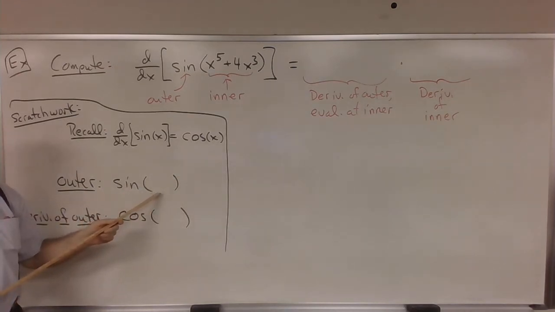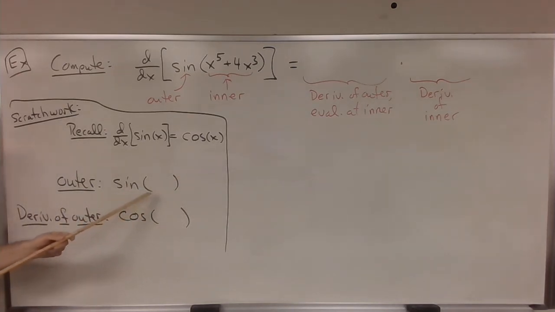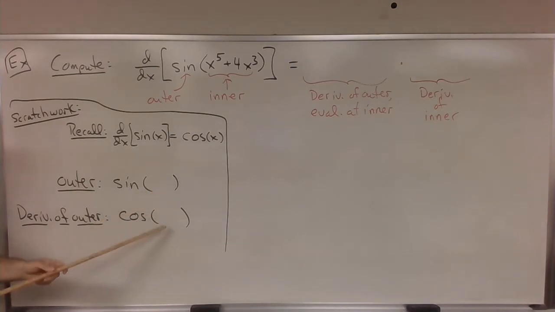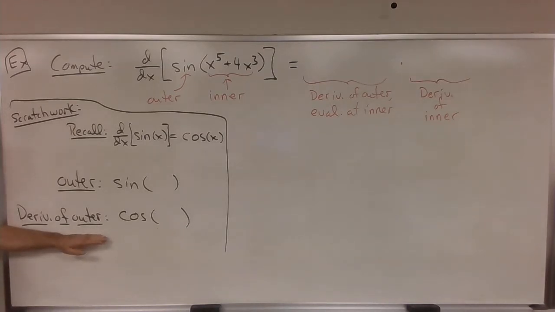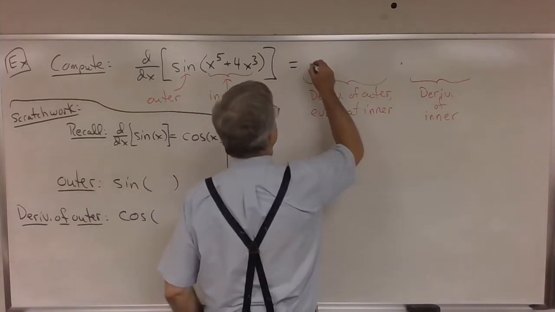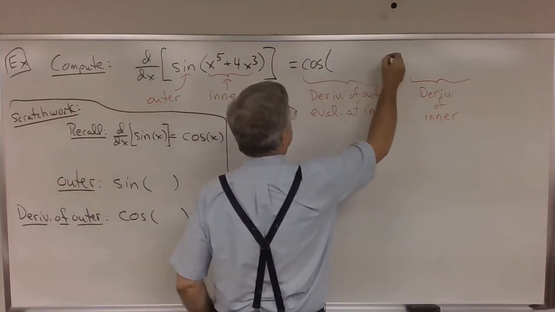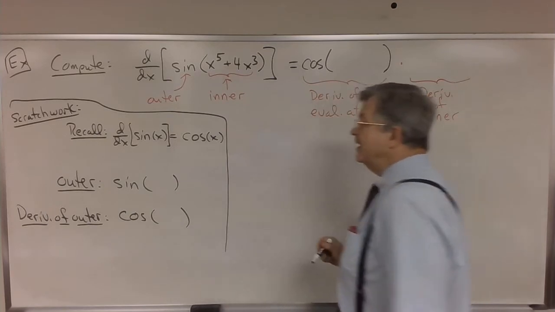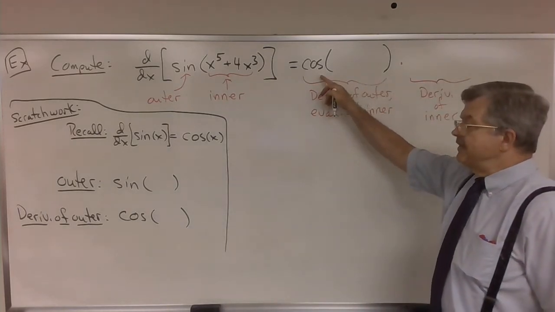The derivative of sine of something is cosine of something. This is important because now we know what the derivative of the outer function is. So let's just write it down. Cosine evaluated at something. This is the derivative of the outer function.